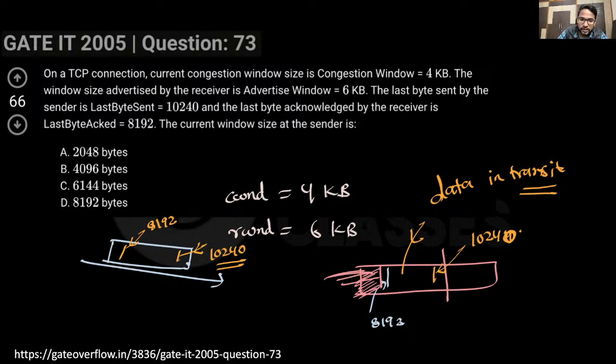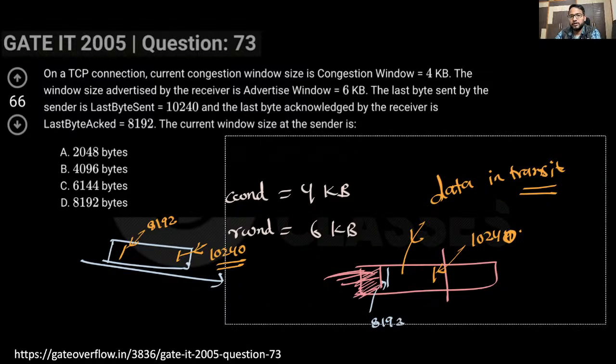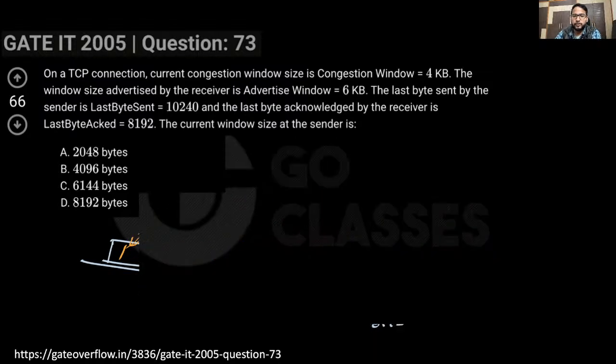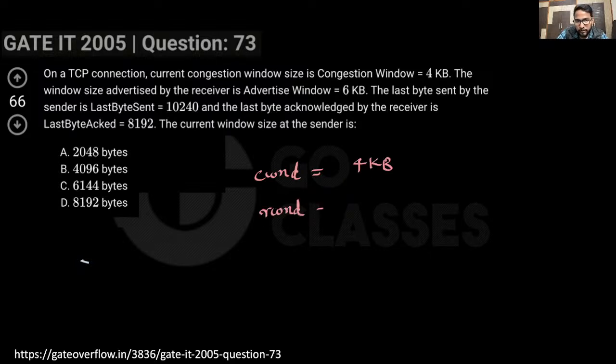Maybe let me go to the next page. They are saying the congestion window and advertised window are both given: the congestion window is 4 KB and the receiver is advertising 6 KB.